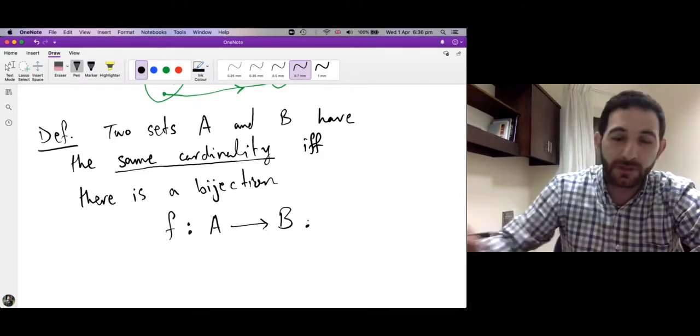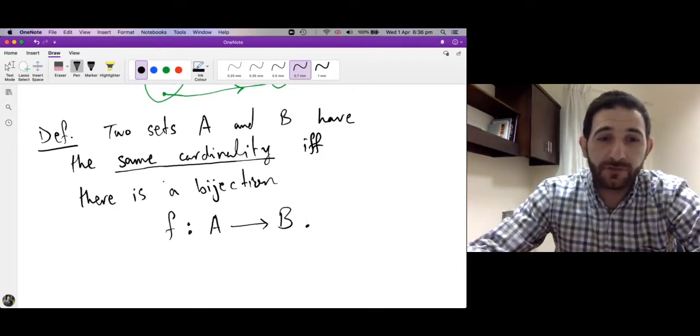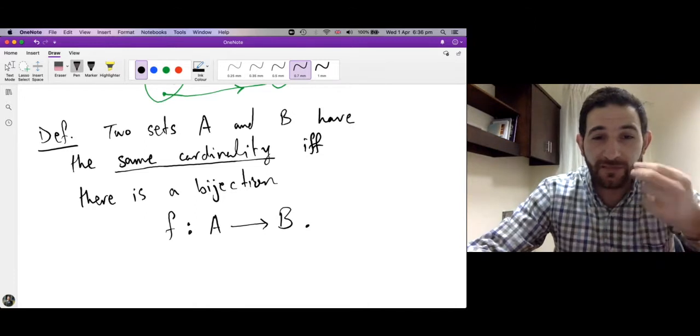Okay, this is the main idea of today. Two sets having the same cardinality is a definition: we define this term to mean that they have the same size.